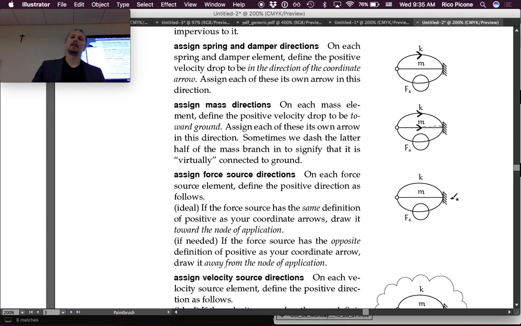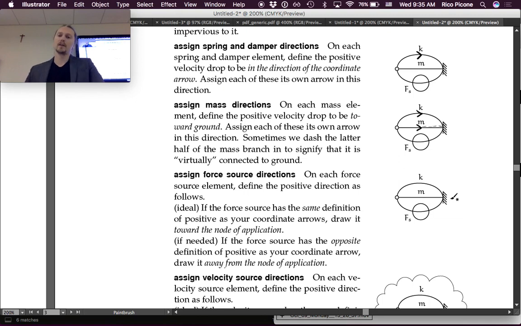All right. Then assign force source directions. So on each force source element, define the positive direction as follows. The ideal case, so if you can construct things to work out in this ideal way, it's best, but it doesn't have to work out this way. If the force source has the same definition of positive as your coordinate arrows, draw it toward the node of application.